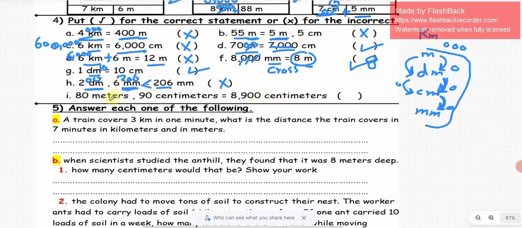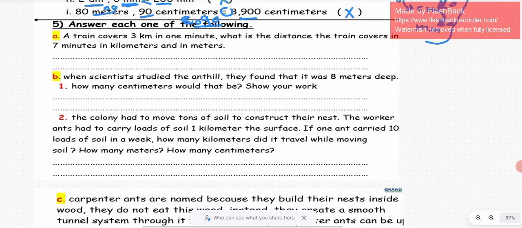Let's check. I change meter. From meter to centimeter, I put 2 zeros. It will be 8,000 plus 90, 8,090. Is it equal to this? Of course not. Different.